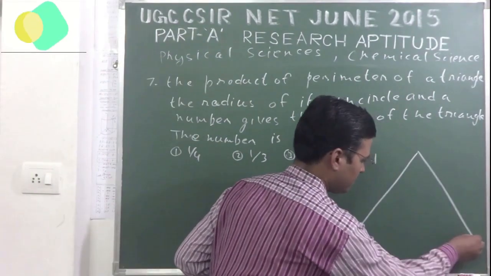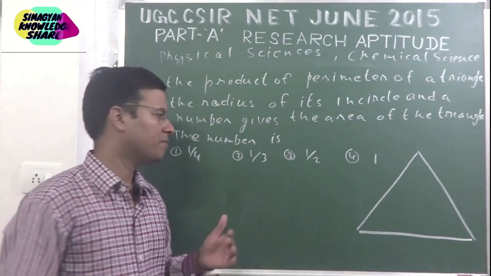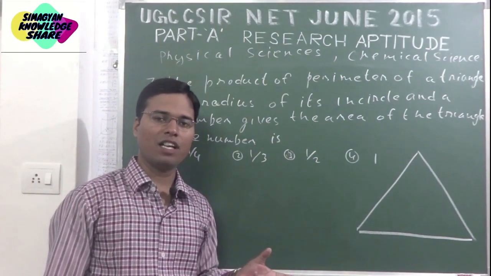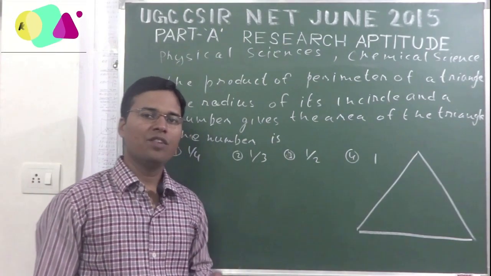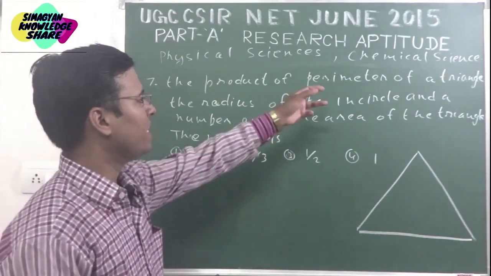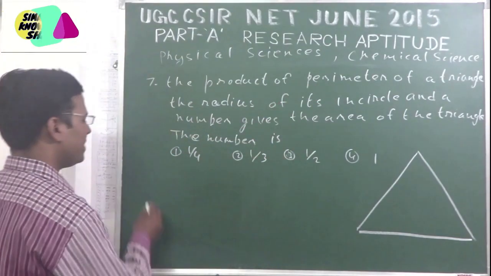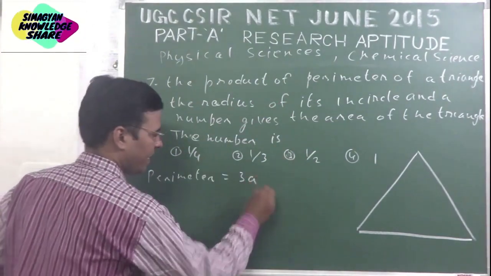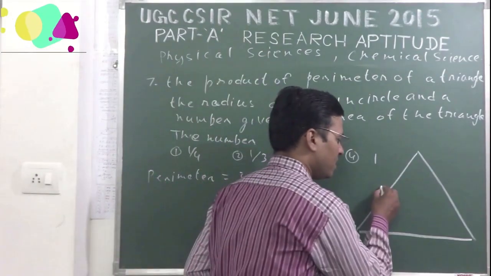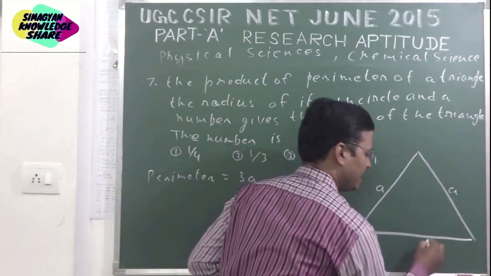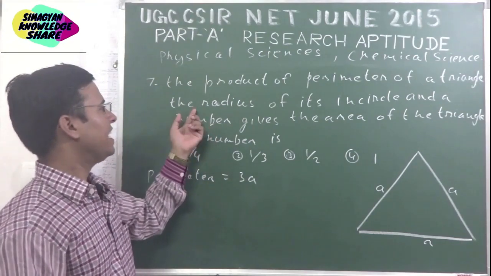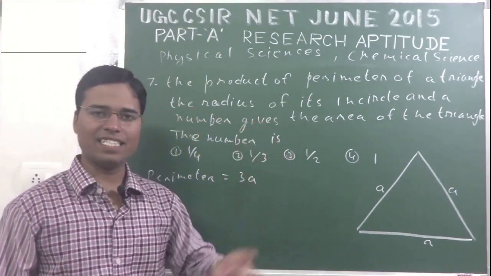We assume an equilateral triangle because it is a basic model to get some identity for any triangle. The perimeter of the triangle is 3a if each side of the triangle is a. Next part is the radius of its incircle.